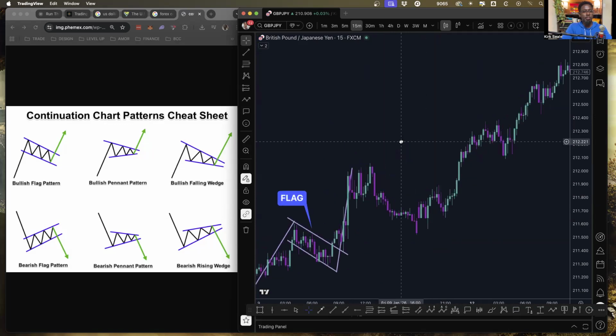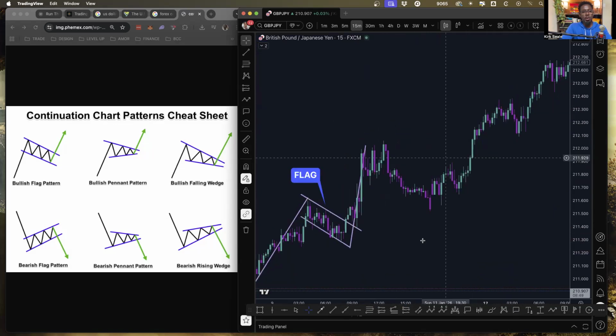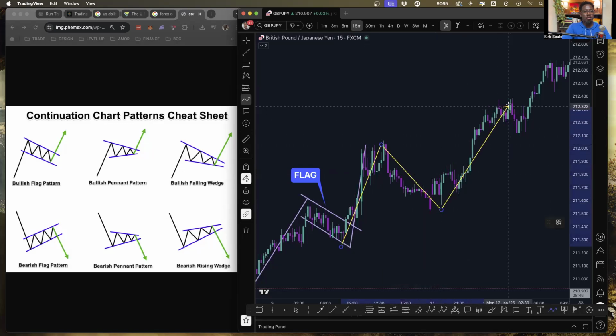Here we go. So now this one is the first part. Price came back down and it continued going up. Let's see what this section here looks like.